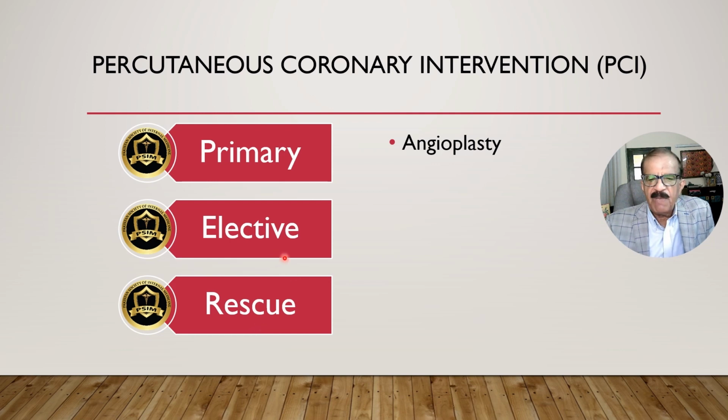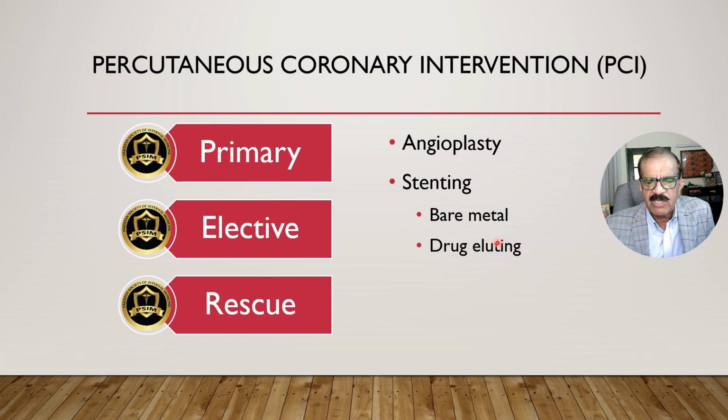PCI basically means angioplasty, cardiac catheterization, balloon dilatation of a narrow vessel, and then usually stents are placed. It could be bare metal stents or drug eluting stents, which would be a more long-term and durable solution. And in some cases thrombus is removed, that is called thrombectomy. All are covered under the term PCI.